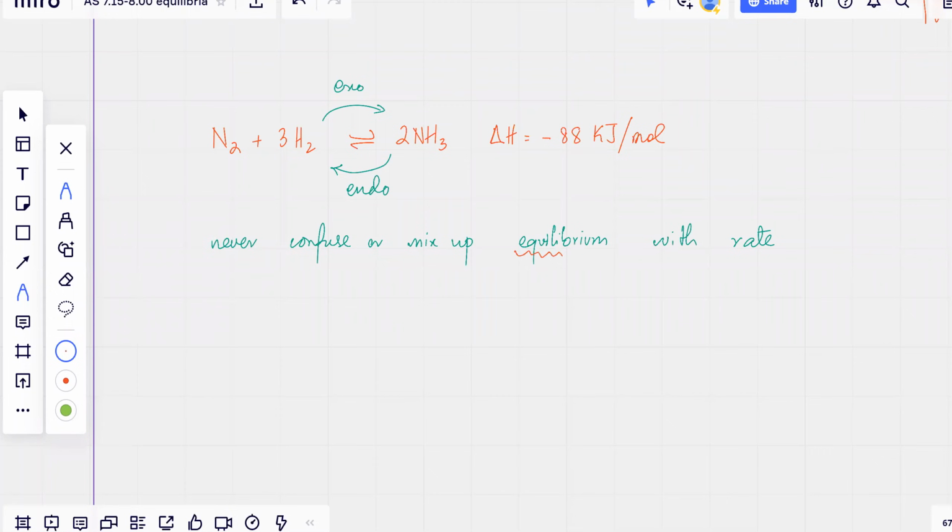When we talk about equilibrium and Le Chatelier principle, when we say that one of the reactions is favored, it's always a relative comparison, which means you're comparing the two reactions. For example, if I increase temperature, which of the two reactions is going to be favored?